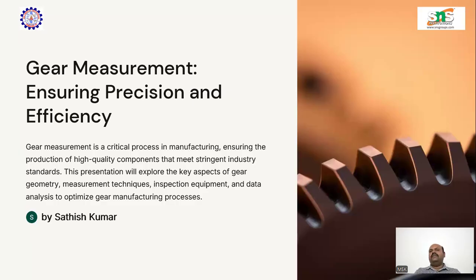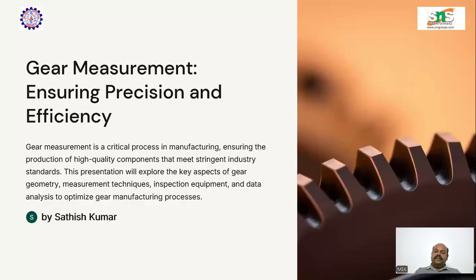So you have seen gears everywhere, right from your wristwatch to the trains that run with hundreds of tons. So gear manufacturing is crucial, as well as measurement, which is also a critical process in which high quality components have to be produced to meet the stringent industry standards.